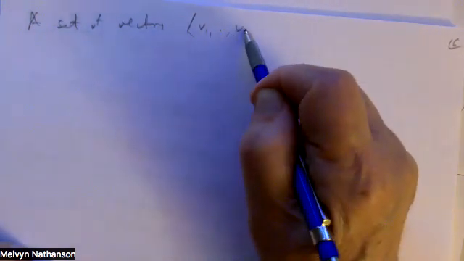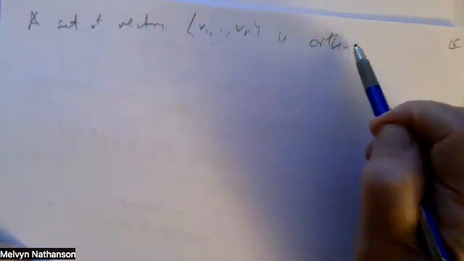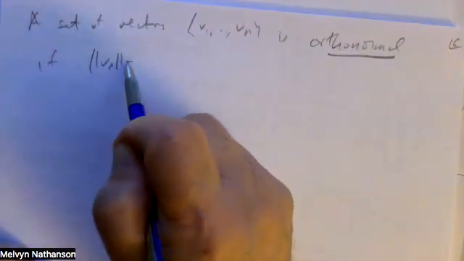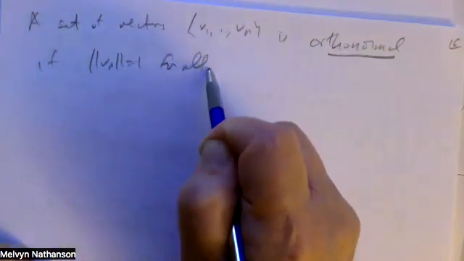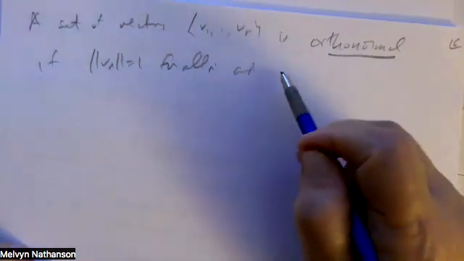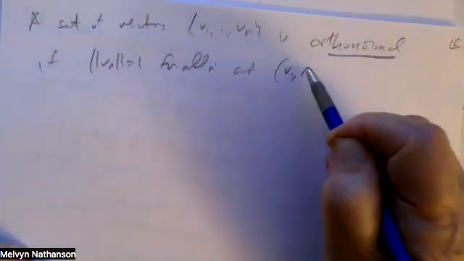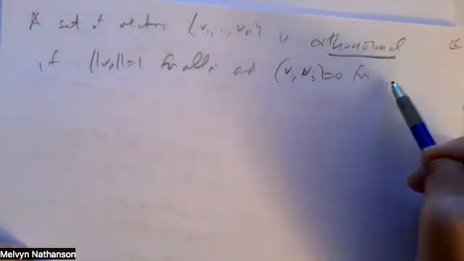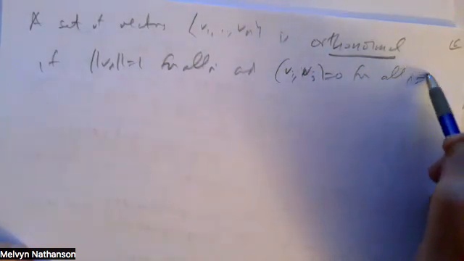In general, we say a set of vectors v1, and so forth, vn, is orthonormal if the length of each vector is 1 and they're mutually perpendicular: the inner product of Vi and Vj is 0 for all i different from j.